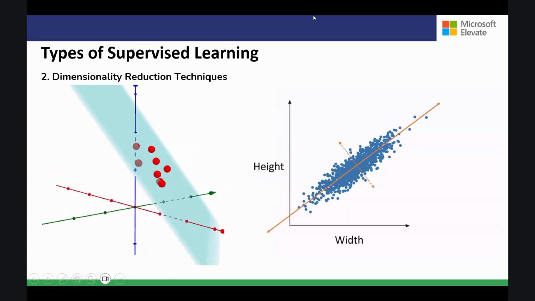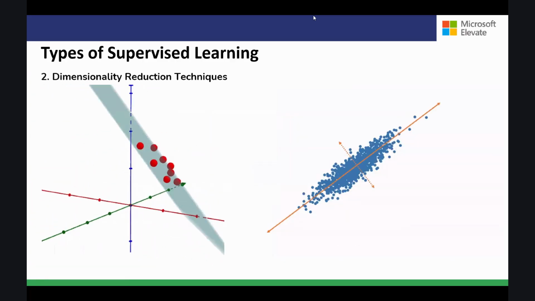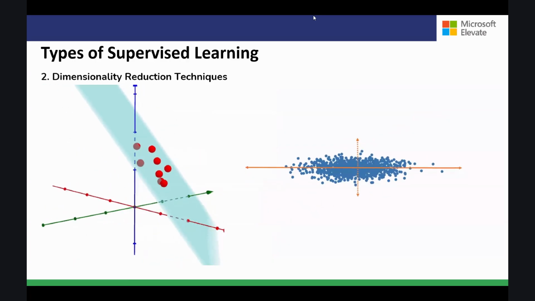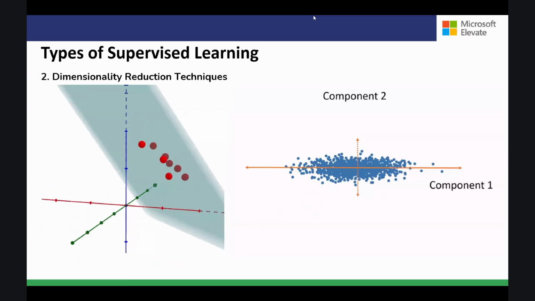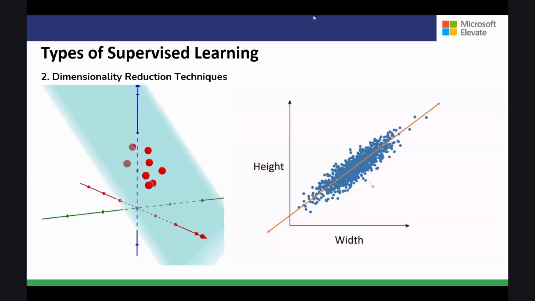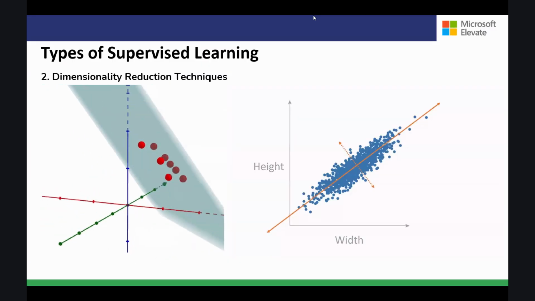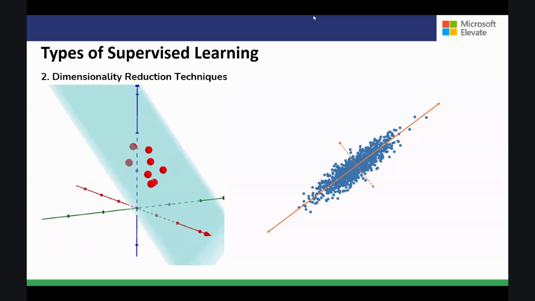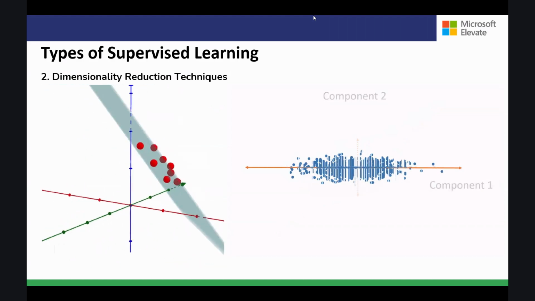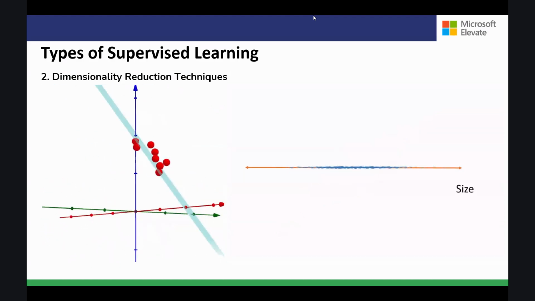Okay. And then this is dimensionality reduction. So dimensionality reduction means, what is dimensionality reduction? Can you tell me? What is dimensionality reduction?